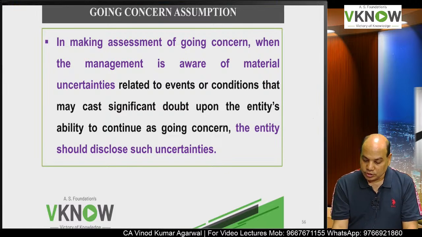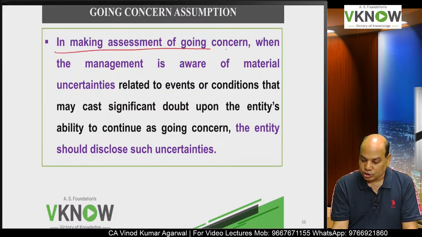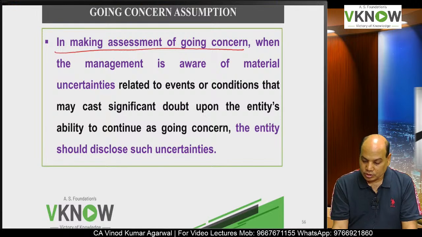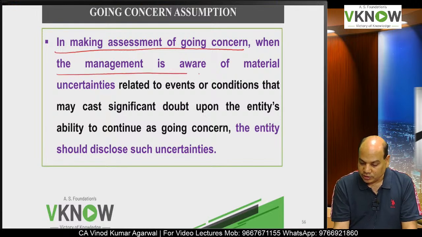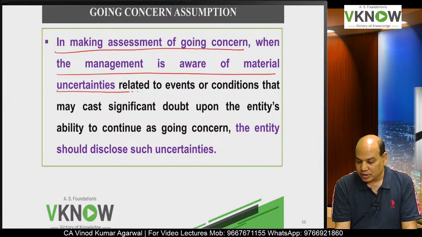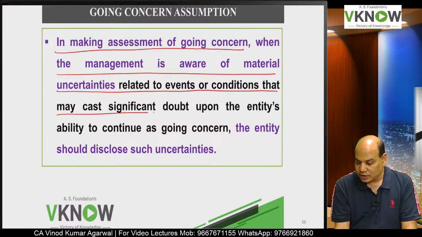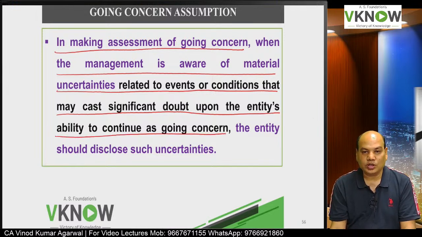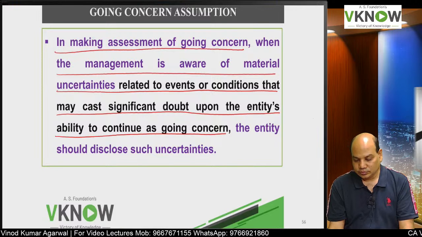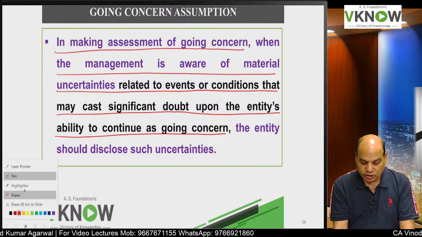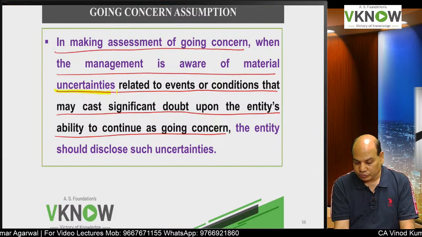So how do you make assessment of going concern? When the management is aware of the material uncertainties relating to events or condition that may cause significant doubt upon the entity's ability to continue as a going concern. Management have to look at the uncertainties involved.